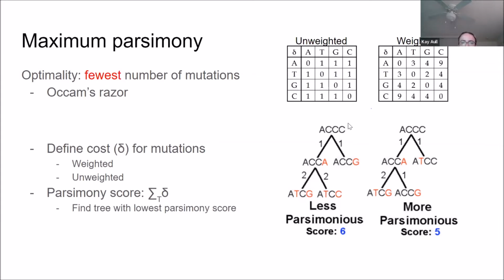You say, all right, so if you have this set of sequences, how do you get there? It probably makes more sense if this ATCC sequence is off on its own branch, rather than having to start with a common ancestor that did not have a T in the second position, and then it independently acquired it twice.